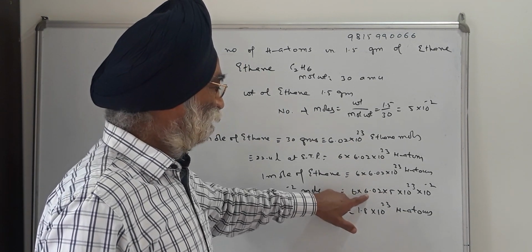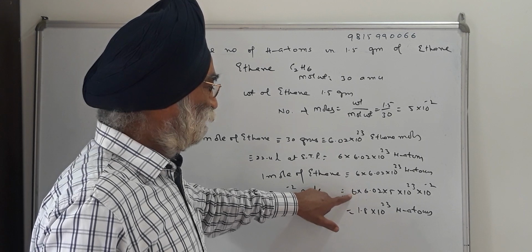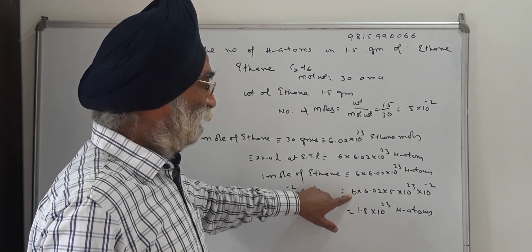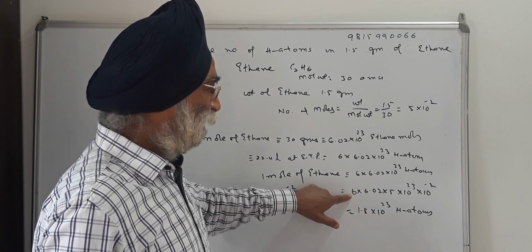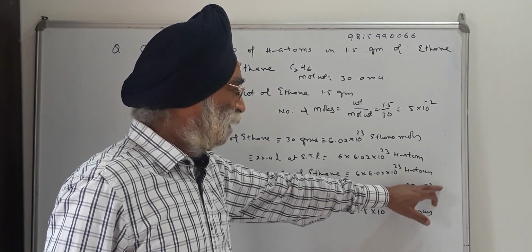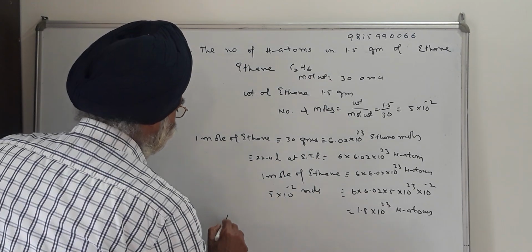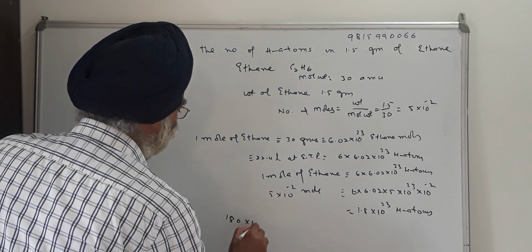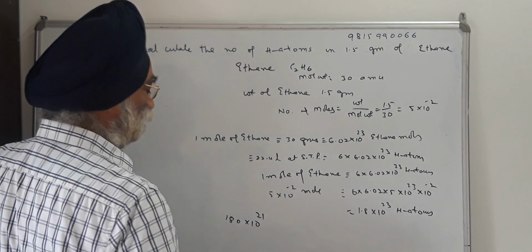5 into 6, 30. 30 into 6, 180. So it is 180 into 10 raised to the power 23 minus 2, 21. 180 into 10 raised to the power 21. This is the answer.